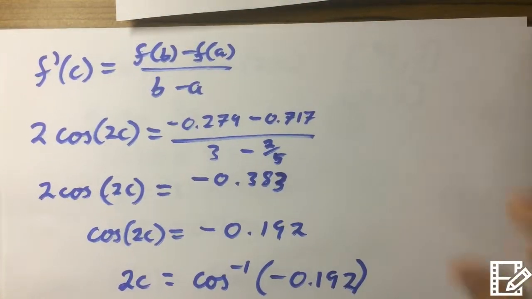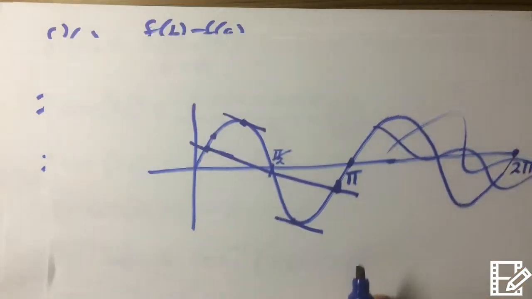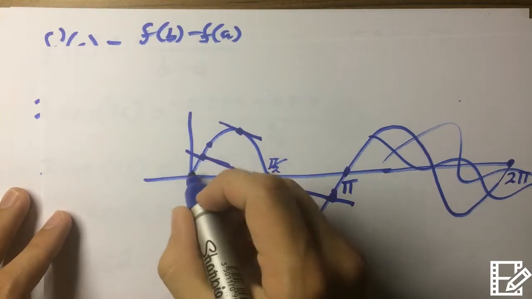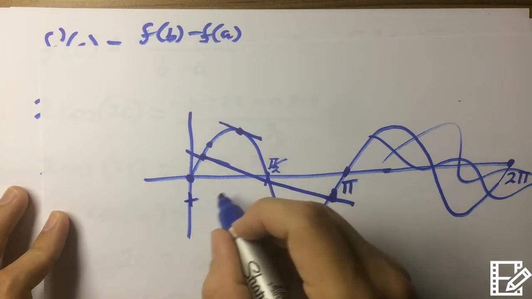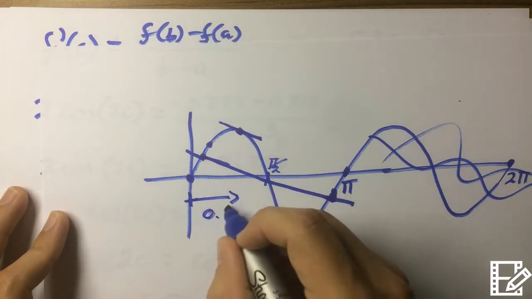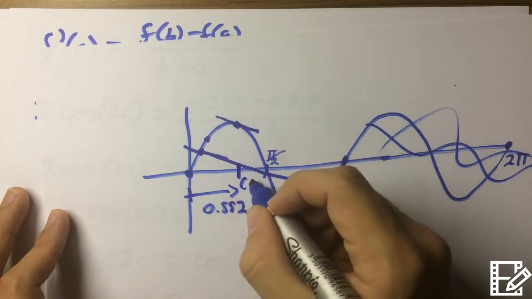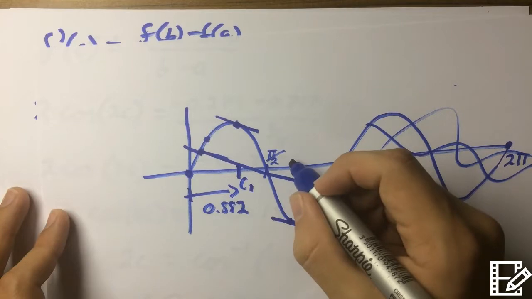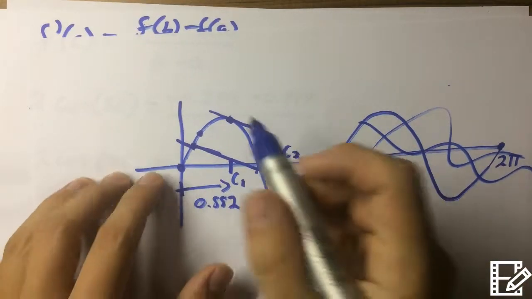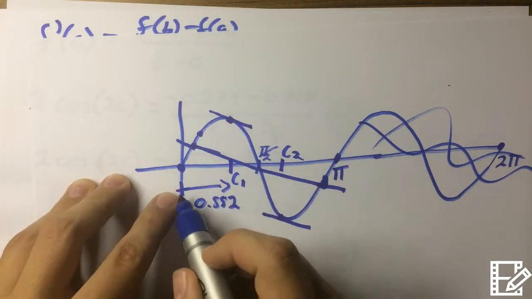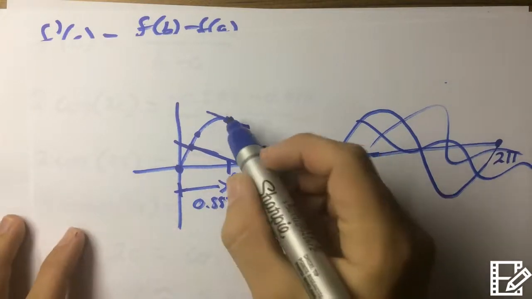Okay, now the thing is that that's 0.882 from 0, and that's the point there. That's C1. We still need to find C2. So it hasn't gone from this point or anything. It's gone from 0, and that's 0.882 in the positive x direction.